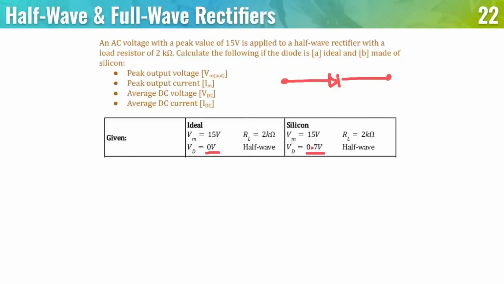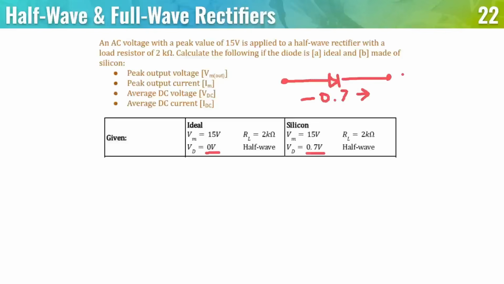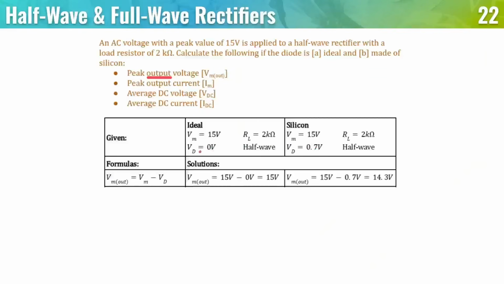But if it is silicon, there is a voltage drop of 0.7. That is why the peak output voltage, with emphasis on output, like after it has gone out of the diode, is going to account for the voltage drop. So for the ideal diode, we're going to use 15 volts, and for the silicon diode, we're going to use 14.3 volts.